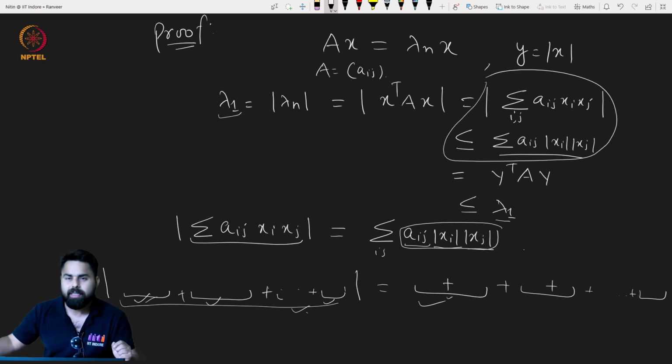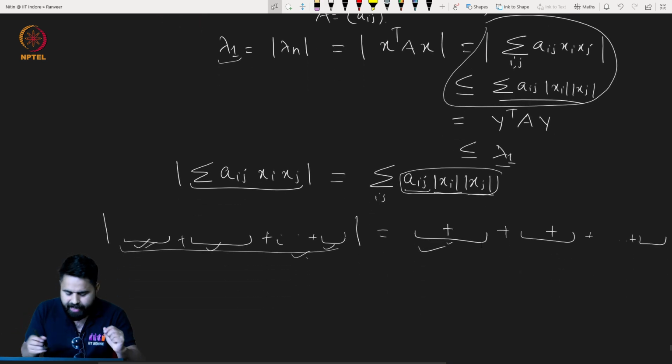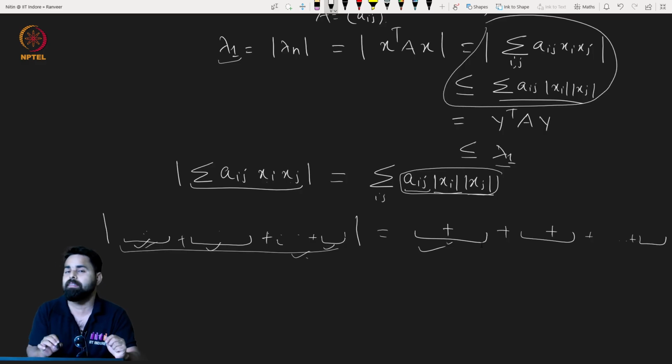Okay, now just think: can these terms be positive? This will be only positive when xi and xj are plus, everywhere. But since x is an eigenvector corresponding to the smallest eigenvalue, which is negative, there must be entries in x where some entries are positive and some are negative.